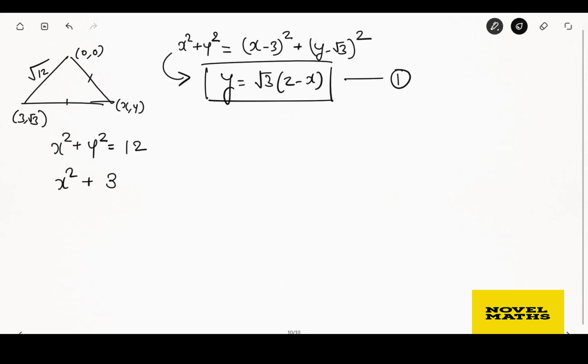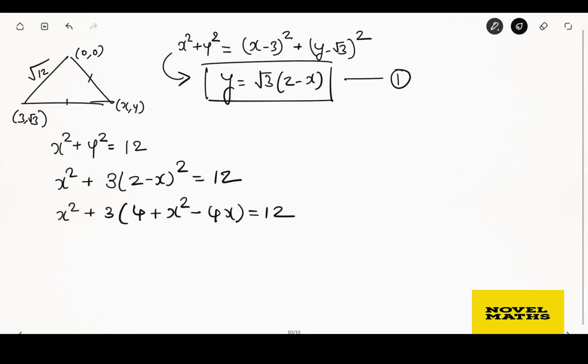If we do the square, 3 and 2 minus x square is 12. X square plus 3, 4 plus x square minus 4x is 12. 3x square plus x square is 4x square plus 12, and 12x equals 12.